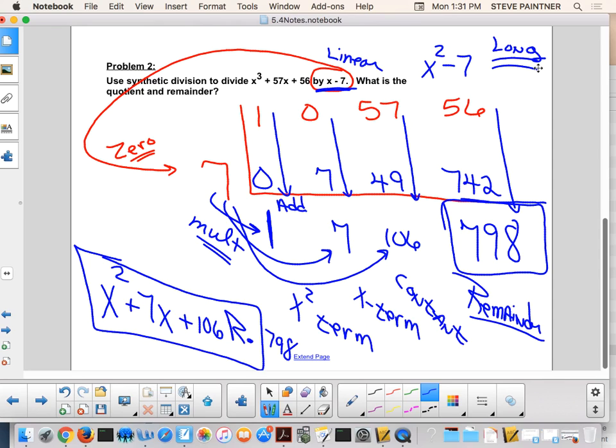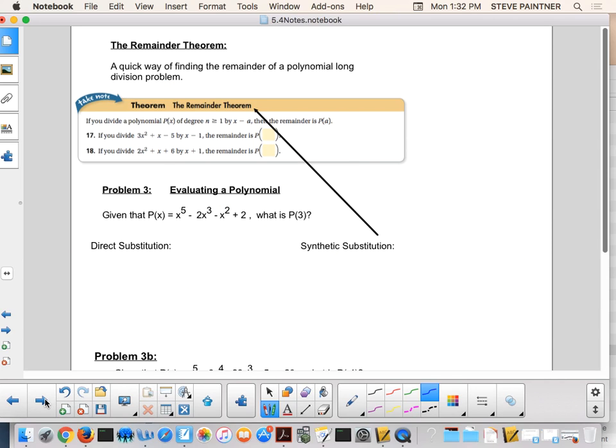You're kind of stuck doing long on that one. Good? So if you truly understand how to do synthetic, you never will have to do long division unless what shows up? X squared. Or on the test, if it tells you to do it.